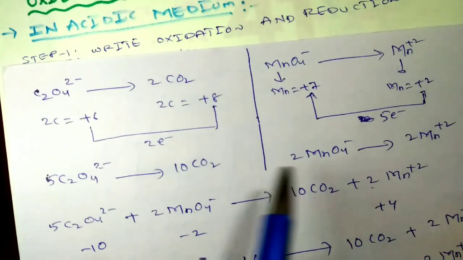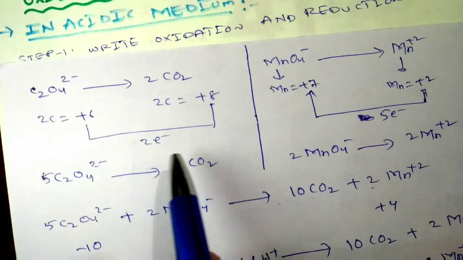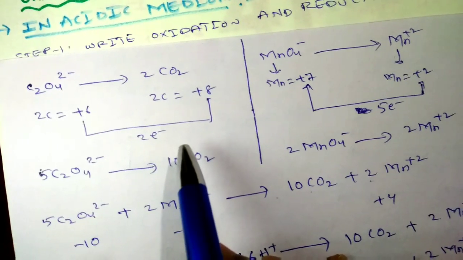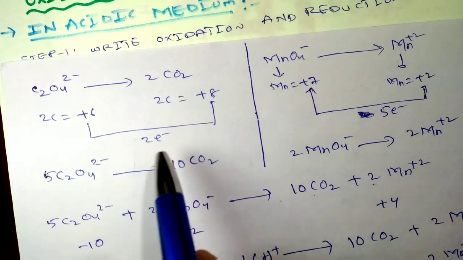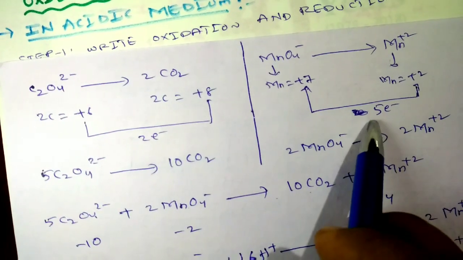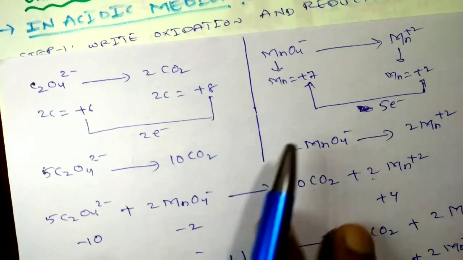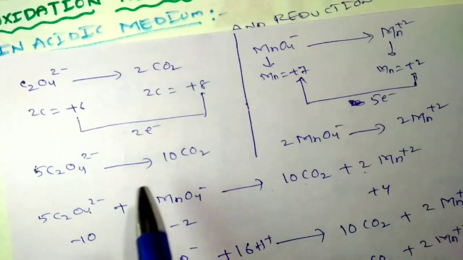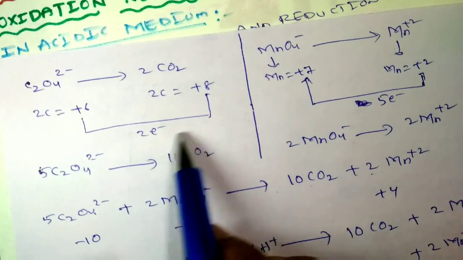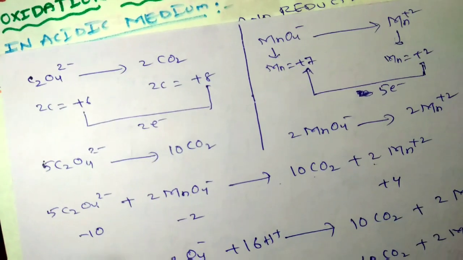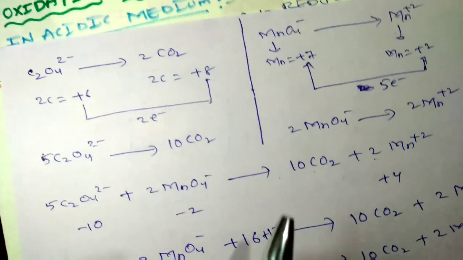But we have to make sure that the number of electrons in the oxidation step is equal to the number of electrons in the reduction step. Here 2 electrons are there in the oxidation step, and in reduction we have 5 electrons. We have to make them equal.